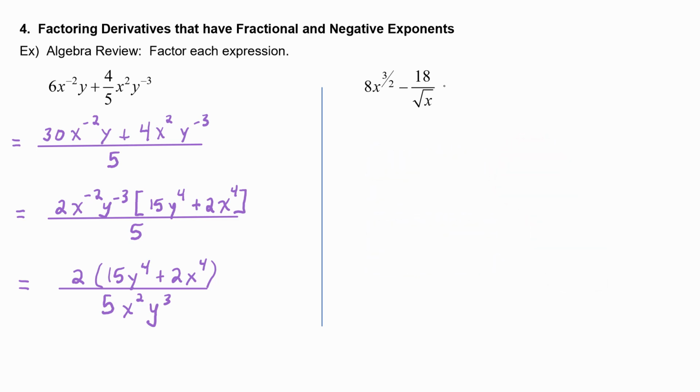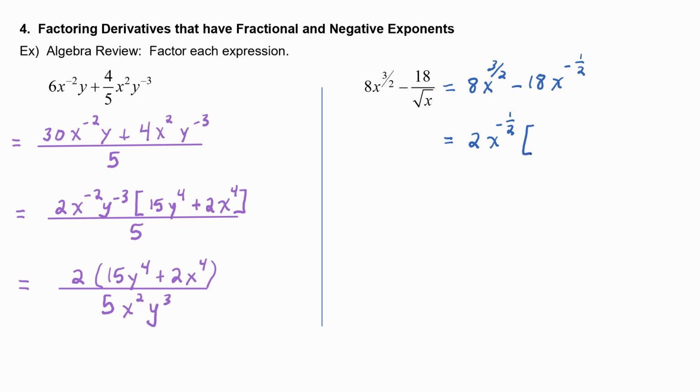Now we can rewrite this expression as 8x to the 3/2 minus 18x to the negative 1/2. Now we can go ahead and factor. Our GCF is going to be 2x to the negative 1/2.